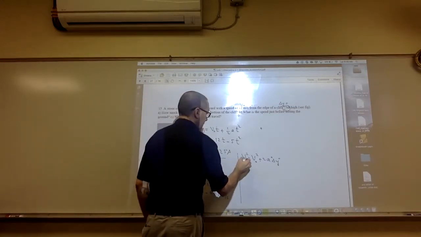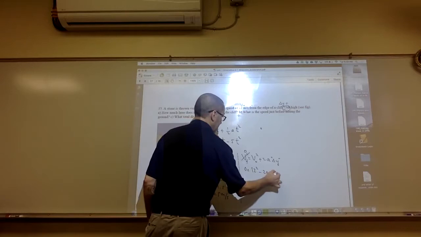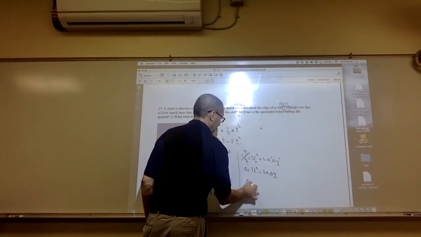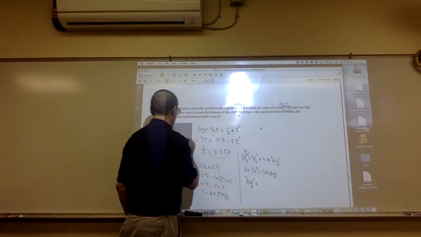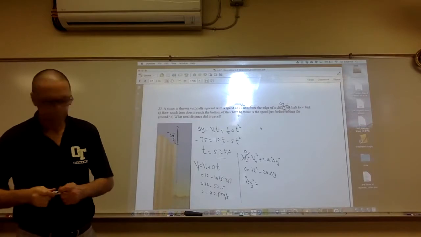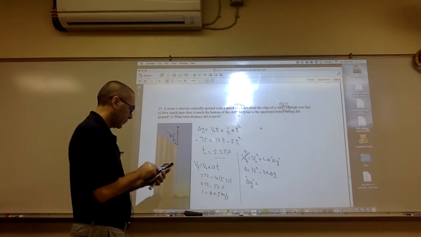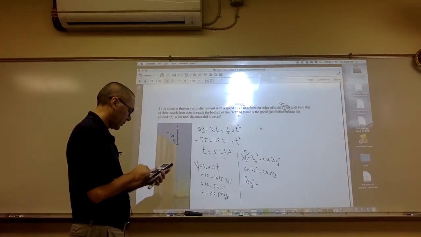Okay. So at the top, this is 0. This is 12 squared minus 20 delta y. So delta y is equal, this is delta y, this part here. Okay, so that's going to be, okay, 144 divided by 20, probably do that mentally.